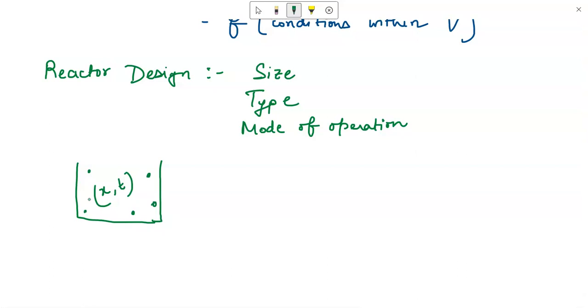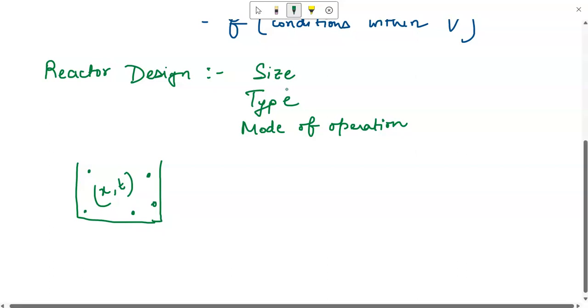So a lot of factors are at interplay. Okay, and therefore these are the factors that we need to keep in mind when we are talking about reactor design in general.